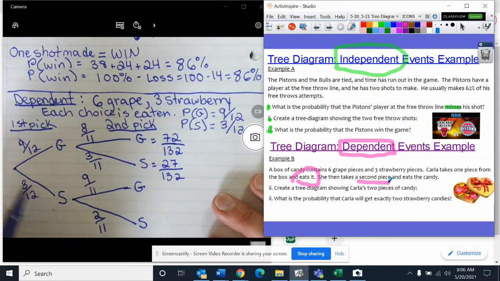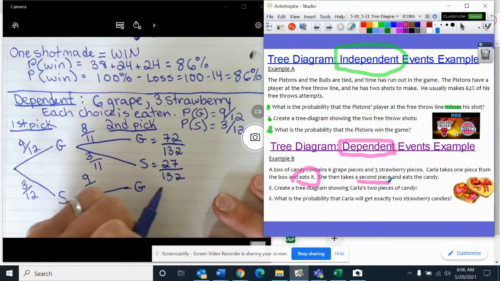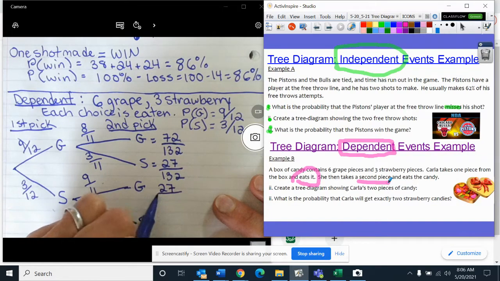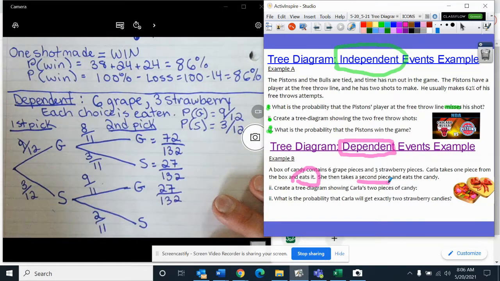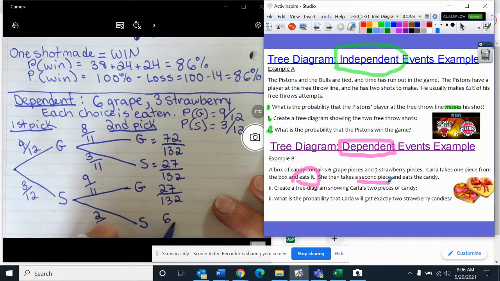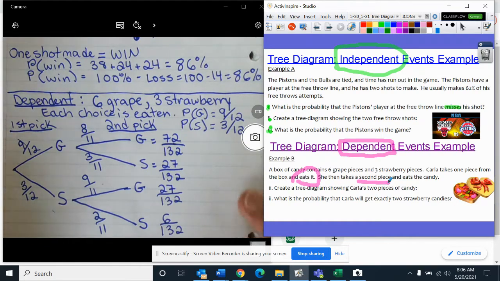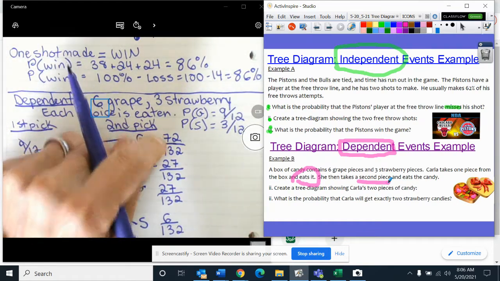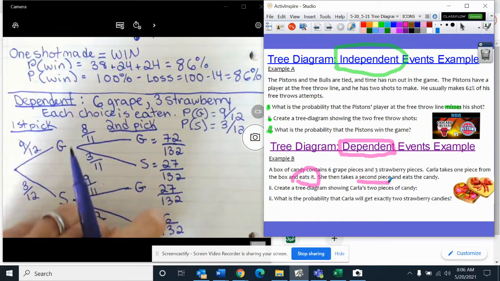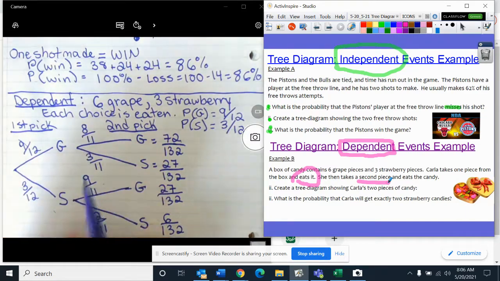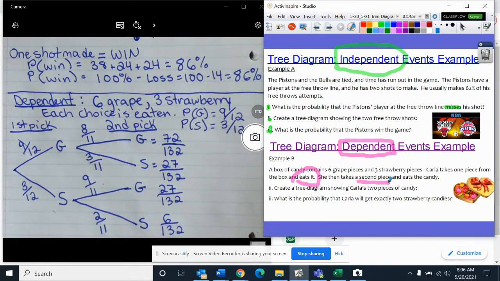And then if the first is strawberry, second is grape, that's 27 out of 132. First one's strawberry, second one's strawberry is 6 out of 132. Here's a good place to check. 72 plus 27 plus 27 plus 6. Make sure that adds up to 132.